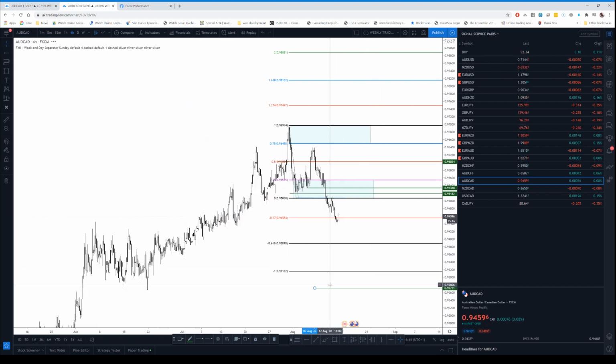Yeah, that's far away. That's fine. That's a swing trade. This is just a retracement. You're not reversing. It's a retracement, and you're completely right.